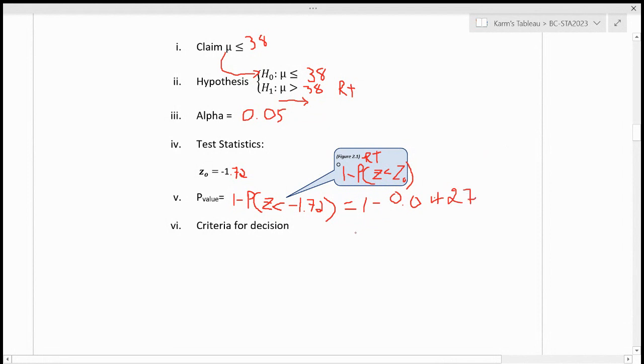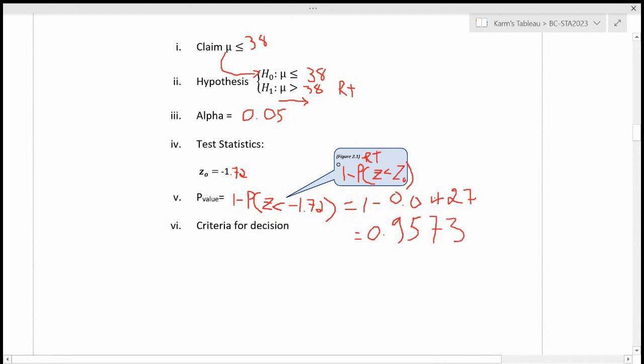And then at the end, you're going to have 0.9573. That's your p-value.